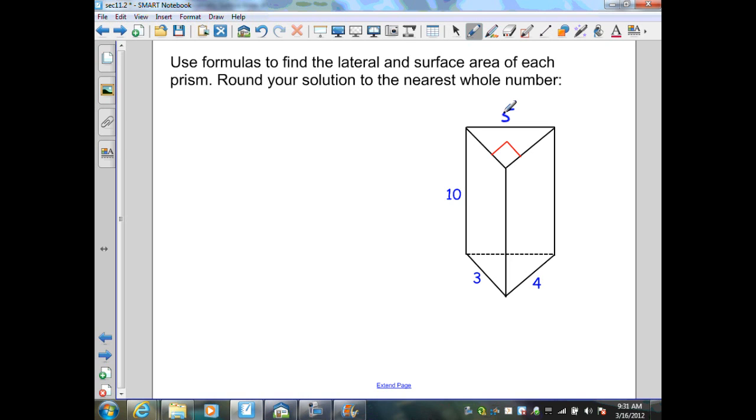It is much easier to use our lateral area formula to determine that area. Our lateral area is equal to the perimeter of the base times the height, which is our altitude. The perimeter of our base is the distance around the object. I just add up the lengths of the sides. Therefore, that is 3 plus 4 plus 5, and multiply that times the height, which is 10.